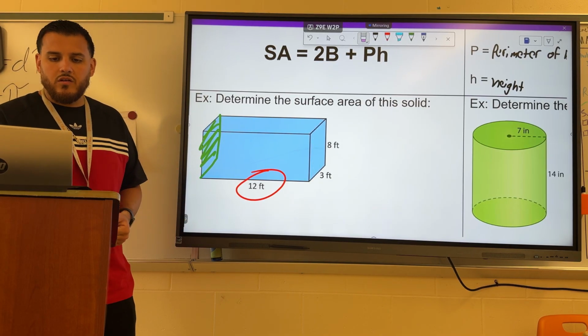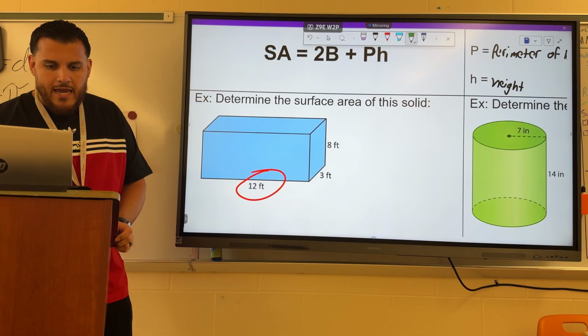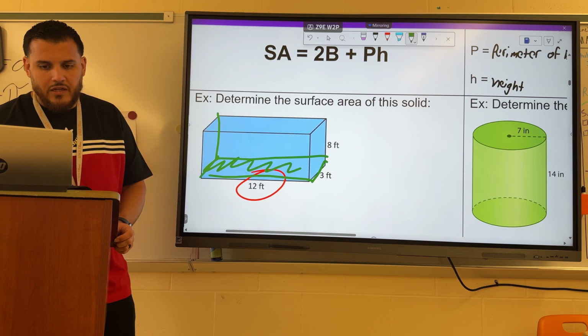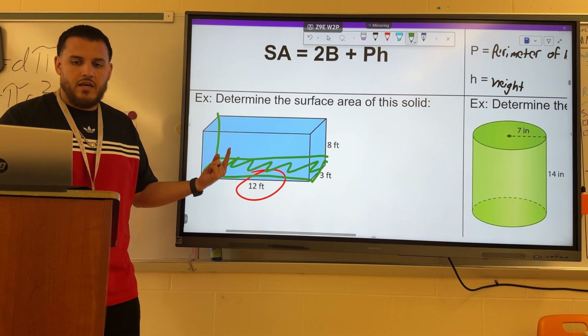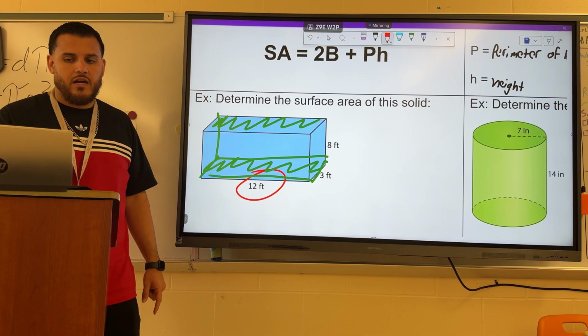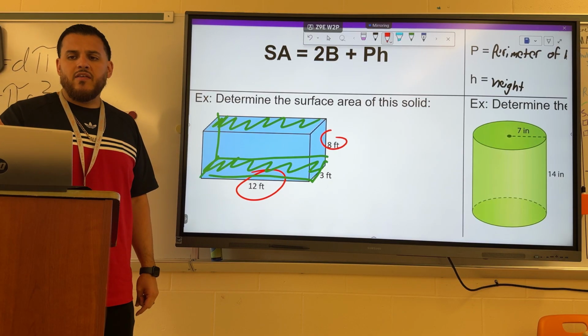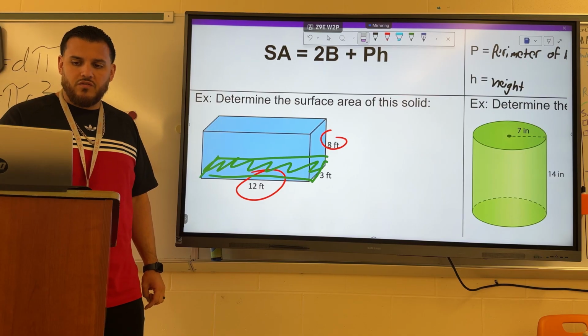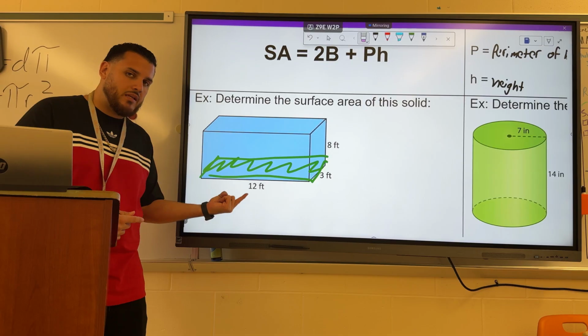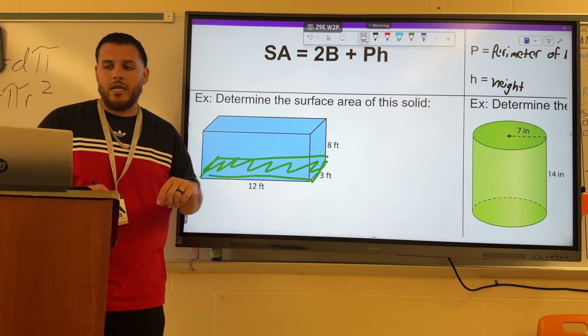I could also visually look at this as this rectangle on the bottom that's 12 by 3 being the base, and then the opposite side also being the base, and then 8 being our height that is connecting it. That's how I think most people prefer to visualize this, so that's what we're going to roll with. We're going to roll with that rectangle being our base and our height being 8 units long.